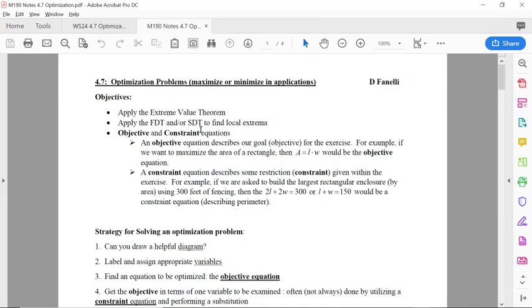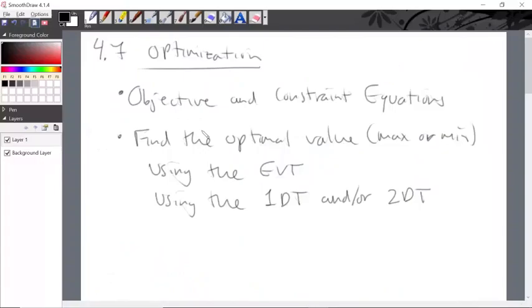Recall the extreme value theorem states that we are guaranteed an absolute maximum and an absolute minimum for a continuous function on a closed interval. As a reminder for the EVT, we have a guaranteed absolute max and absolute min if the function we're interested in is continuous on a closed interval.